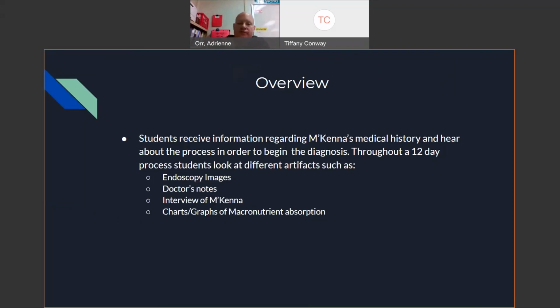They'll see things like endoscopy images, the doctor's notes, and there's a great deal of charts and graphs for kids to analyze. And it says 12-day now because that's what we're hoping to cut it back down to. But last year, I think we still had it at 17. So that's just kind of a typo. That's still with doing the ADI lab. So if you could go to the next slide.